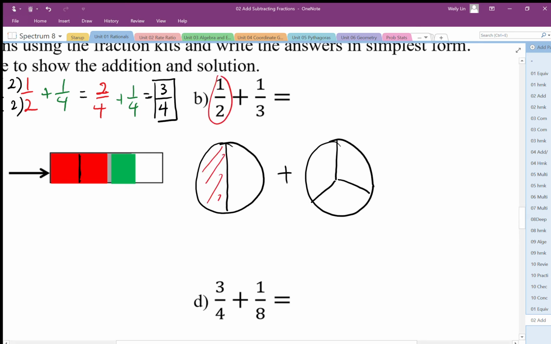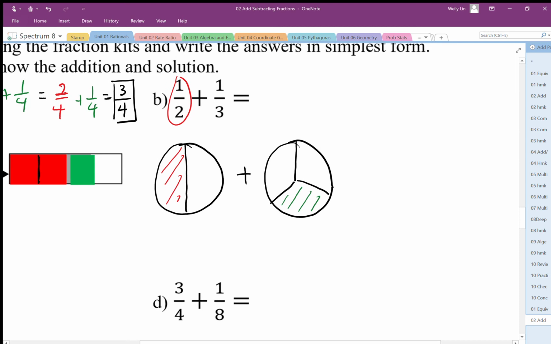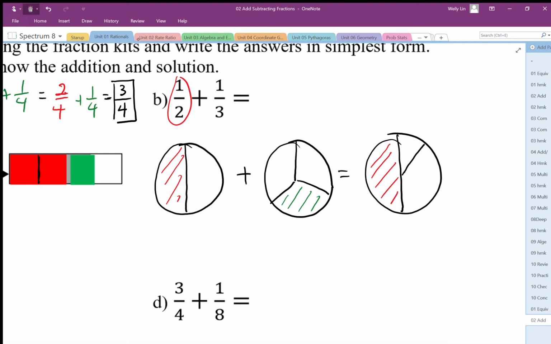And my 1/3 fraction I'll do in green. I know my answer is going to be equal to a 1/2 plus a 1/3, so it's going to look like this. There's my 1/2 fraction, and in green I have my 1/3.